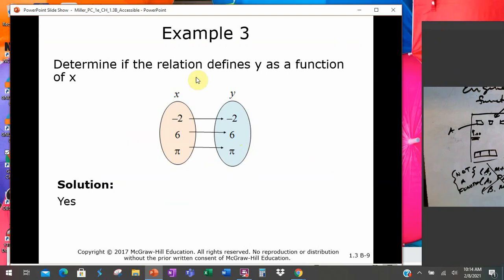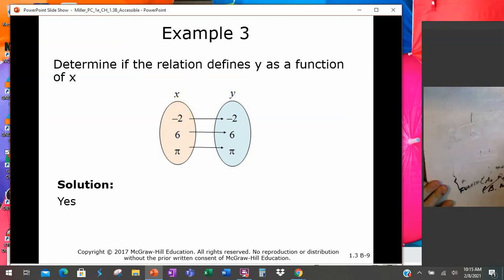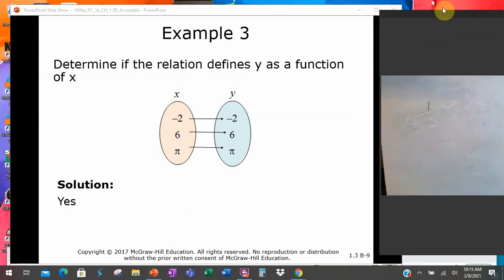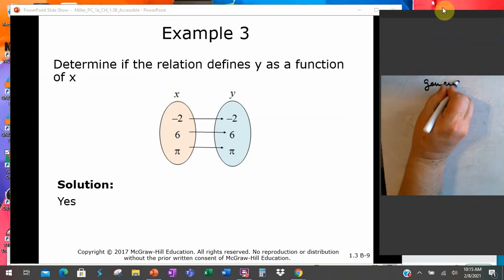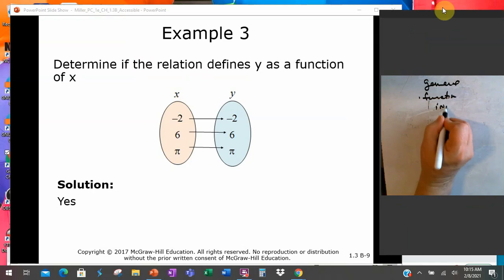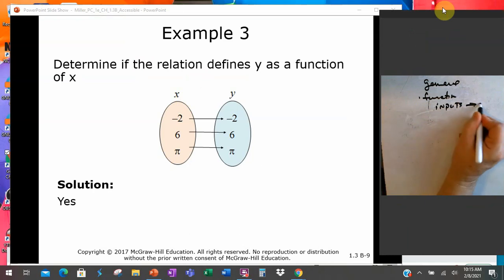So here's a different notation. Here's the sets. Okay, so this says I start with my x. This is kind of like a machine. Here's your inputs. The x's are your inputs. So in general, a function has inputs and it goes to outputs.